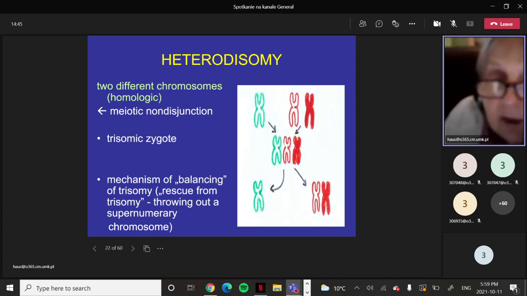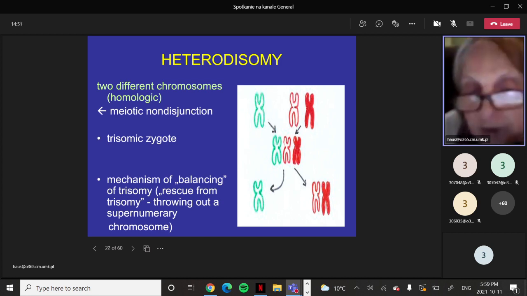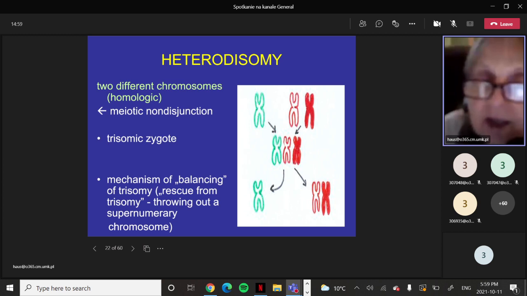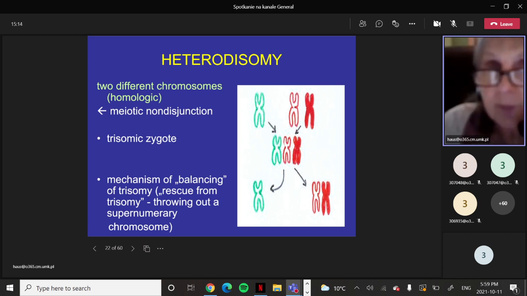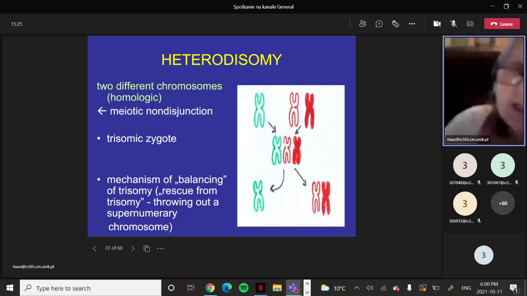Because this child, in the lower part of this picture, inherits both sex chromosomes from this father, this child inherits also this gene for hemophilia or Duchenne muscular dystrophy and so on. In a normal situation, this mechanism doesn't exist.